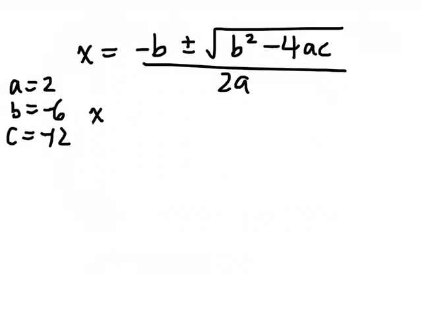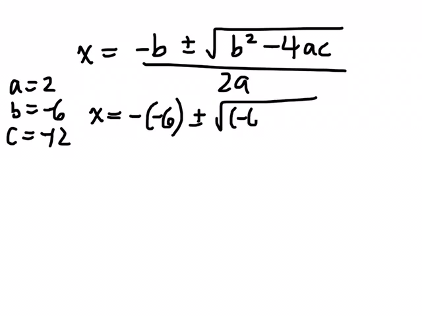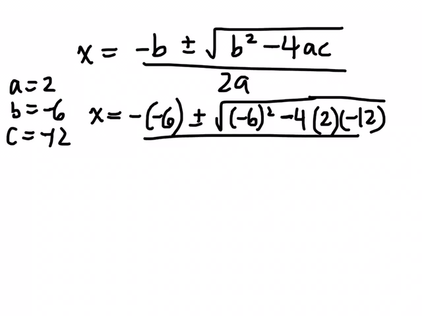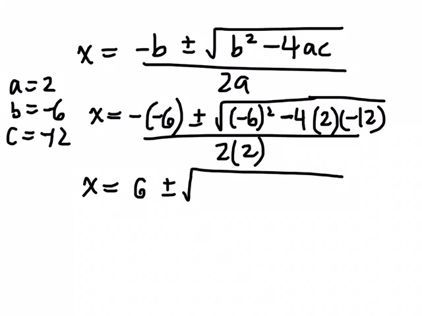Okay, so x is equal to negative 6, because B is negative, plus minus the square root of negative 6 squared minus 4 times 2 times negative 12, divided by 2 times 2. So let's simplify this. x equals 6 plus minus 6 squared is 36.